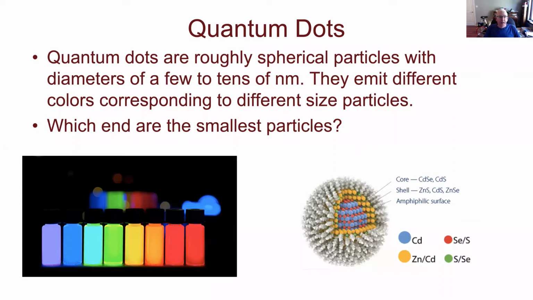My delta E was supposed to get smaller when the particles were bigger, and that means that the blue and purple end of the array should be the smaller particles, right? So my particles are small down here and large over here, because that's what corresponds to shifting that particular energy spacing, right?